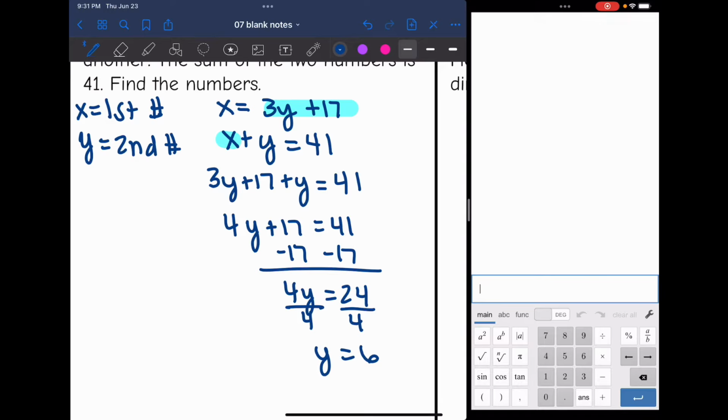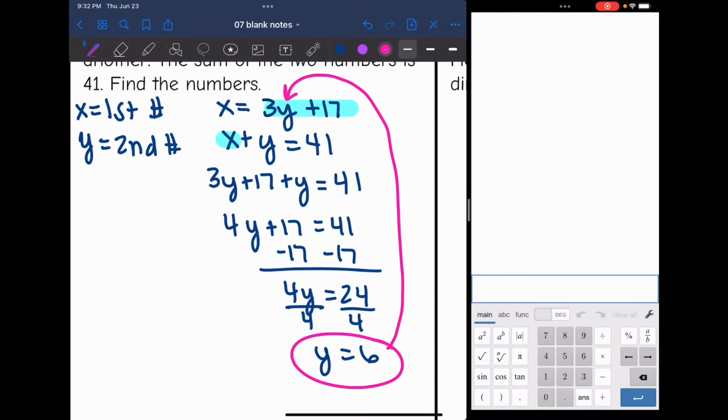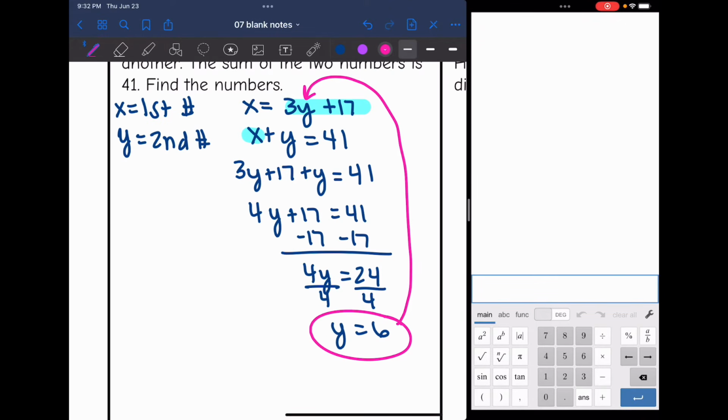So there's one of the numbers, it is 6. Now I'm going to substitute it back into the top equation to find x. So to find x, I will replace y with 6. So I'll do 3 times 6 plus 17. And I'm just going to put that expression into the calculator since I have it pulled up.